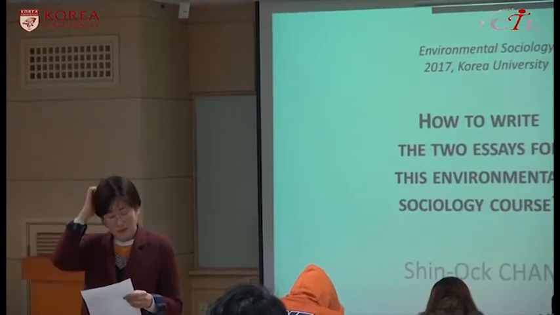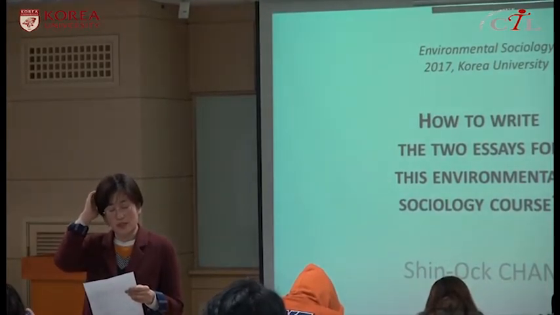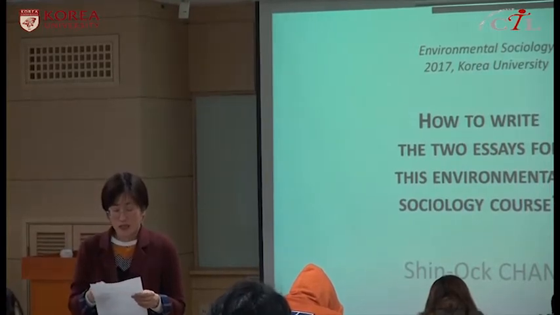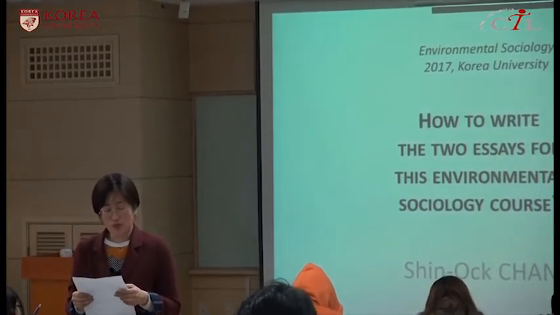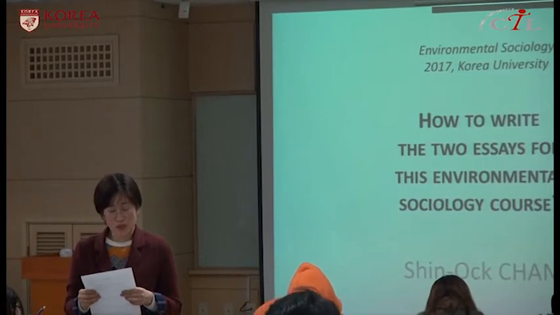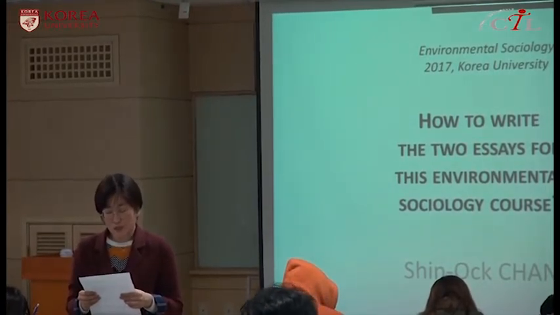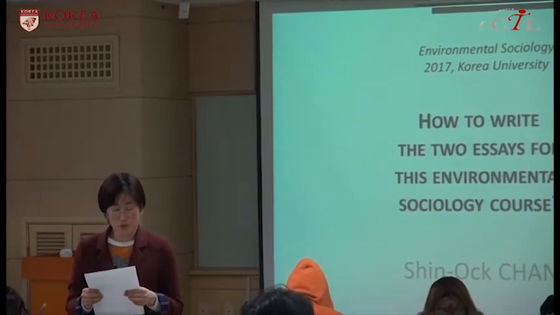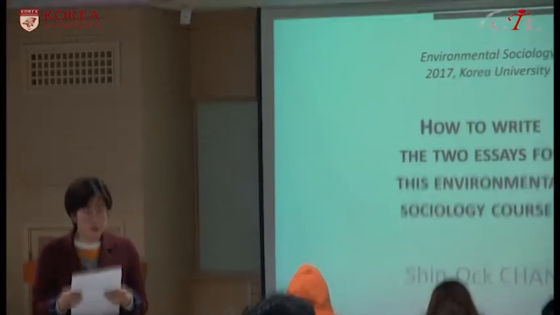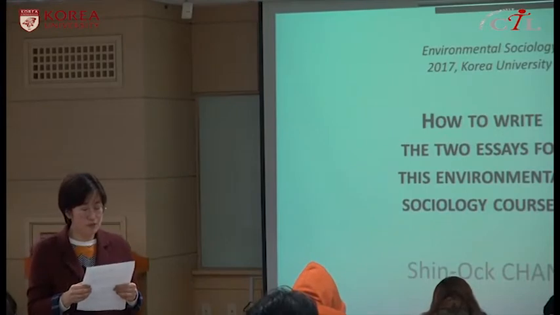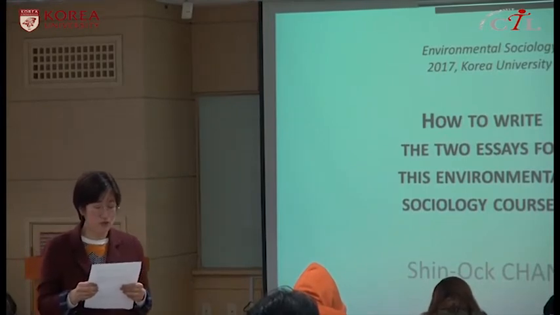Okay, number 1. Which statement is incorrect for the ecological modernization theory, EMT? Number 1, EMT draws upon Marxist thoughts. Number 2, EMT theorists do not consider that capitalism is the cause of environmental problems. Number 3, EMT theorists believe that capitalism can be greened through environmental reform.